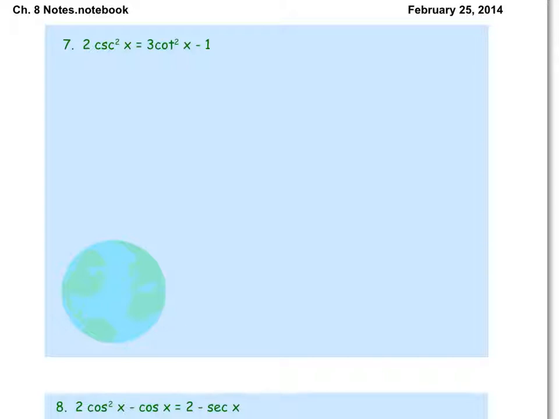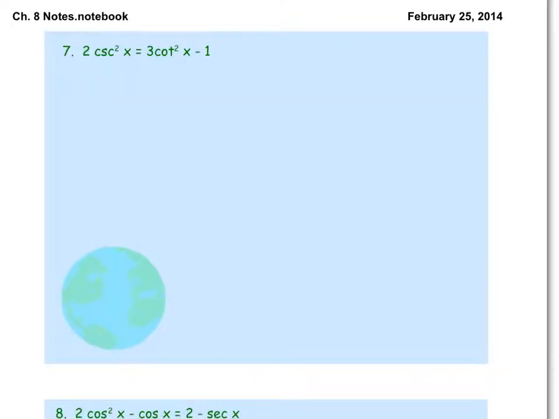What I do have, though, is some trig identities, and we should always be conscious of our trig identities. At any point that we think it would make sense to do so, we should do some substitutions with those identities. For example, there is an identity that says that cosecant squared is equal to 1 plus cotangent squared.